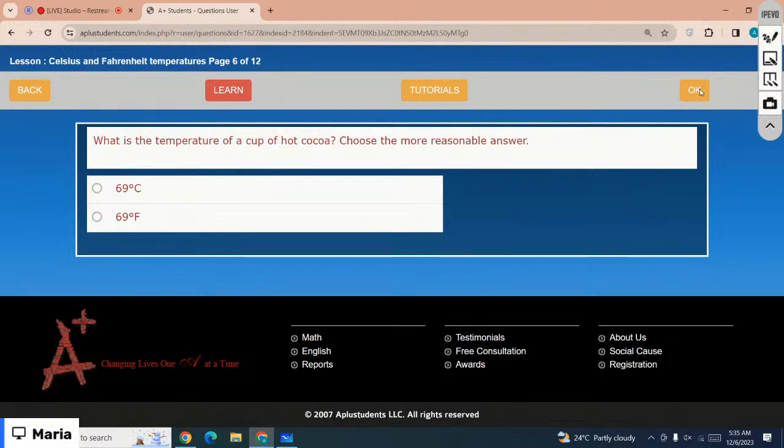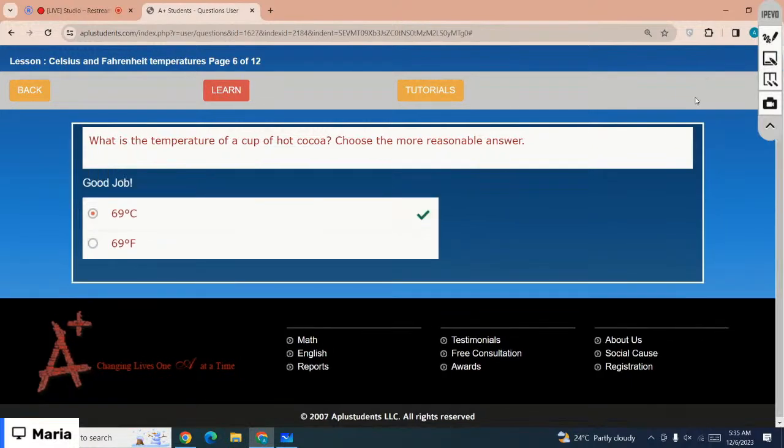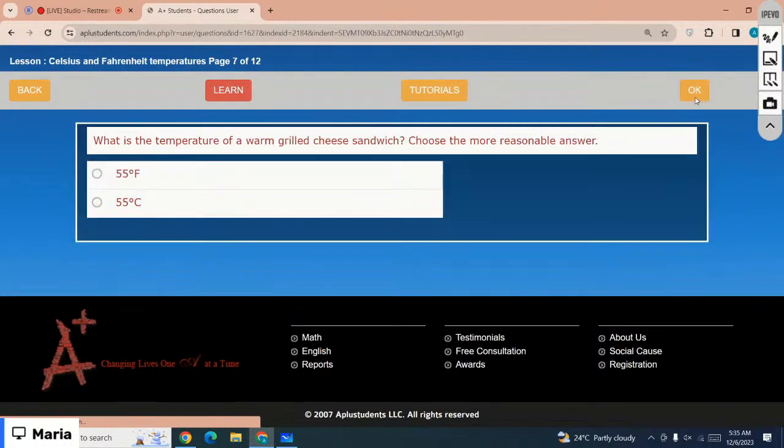That is 69 degrees Celsius, right? What is the temperature of a warm grilled sandwich?